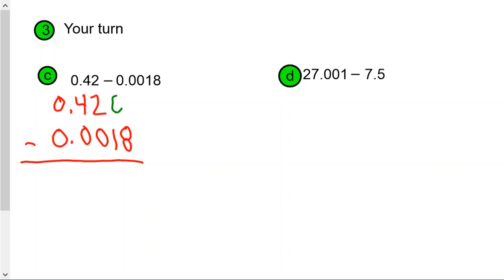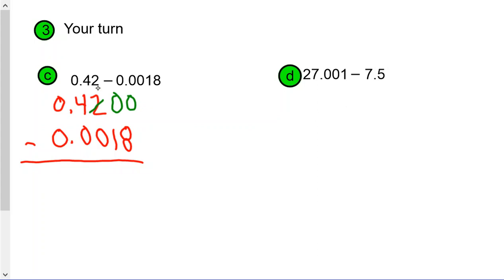So I'm going to put these zeros here. Okay, and now we can do our computation. So we have 0.4200 minus 0.0018. And if we look at this first subtraction area, 0 minus 8, you can't take away 8 from 0, so we need to borrow. So we're going to go all the way over here to the 2.